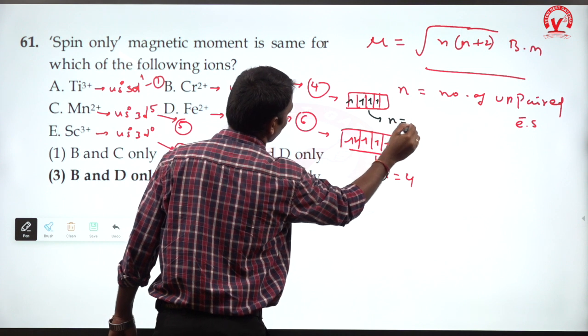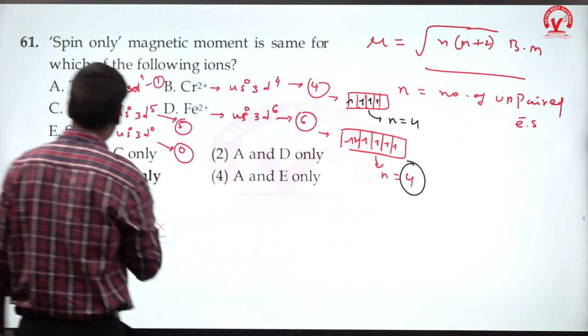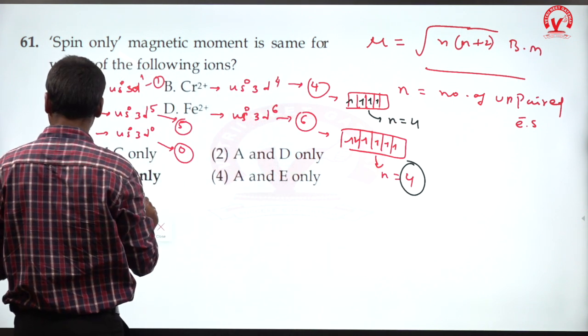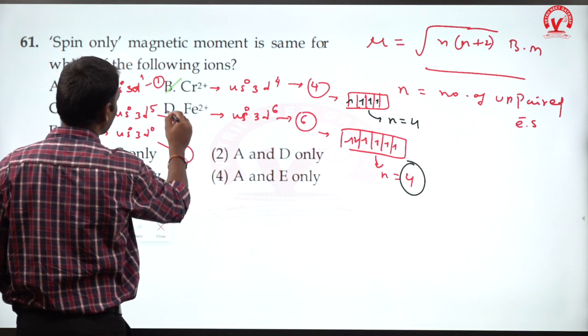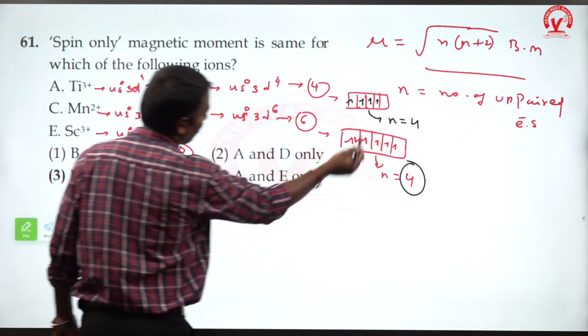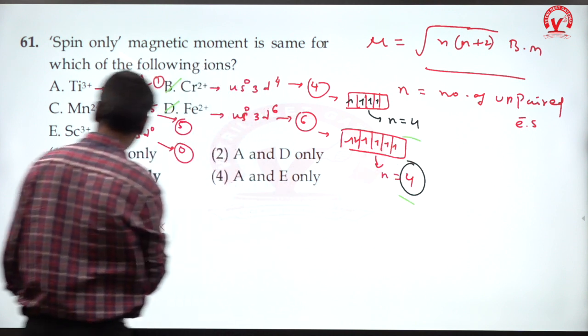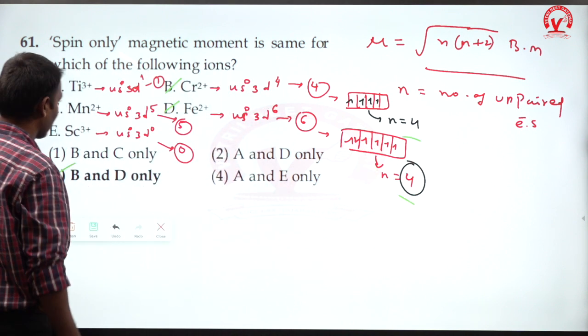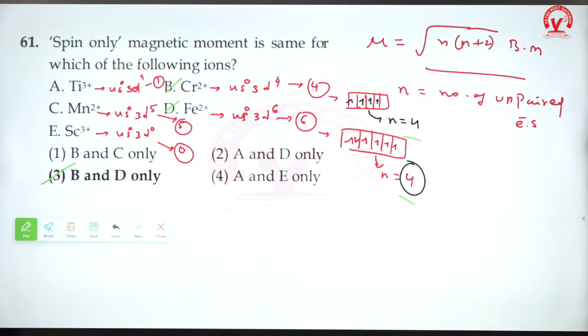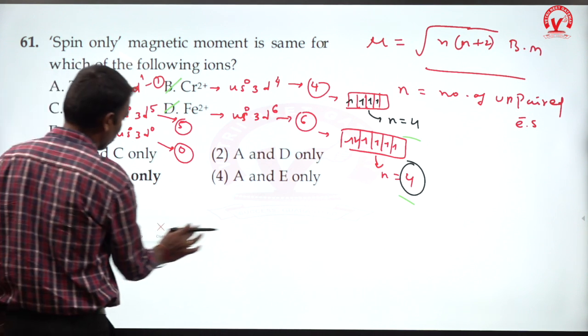Here also n value 4, here also n value 4, right? So B and D having the same n value. So we will go with option 3 as the correct answer. Then we move on to the next question.